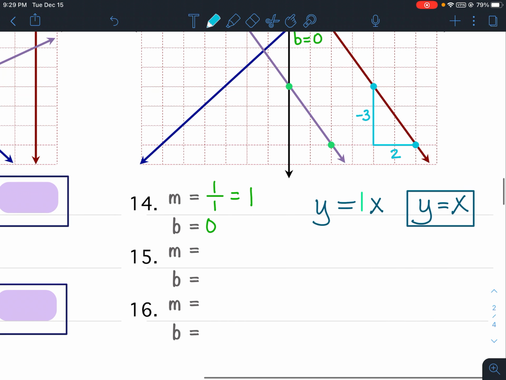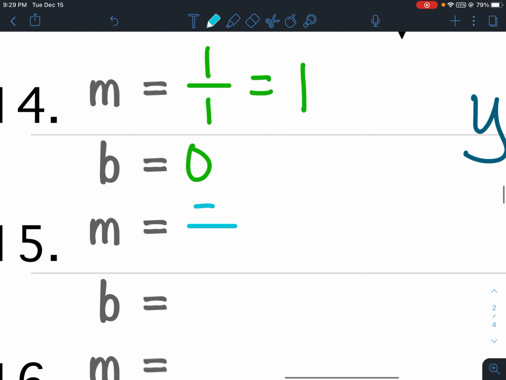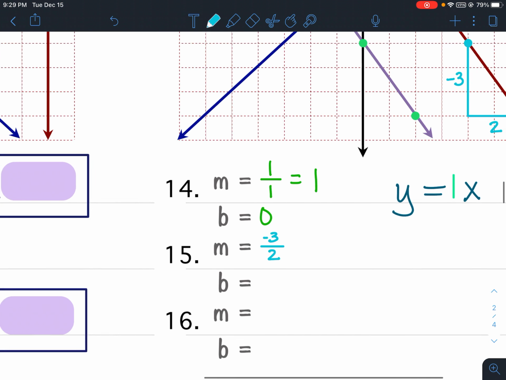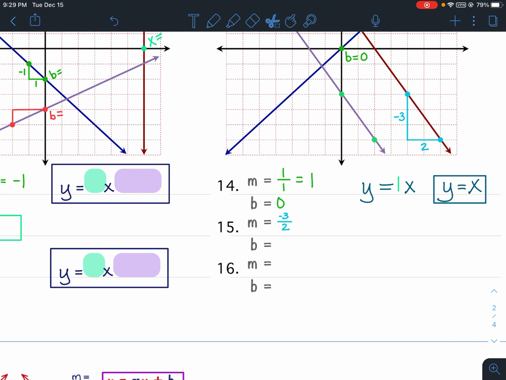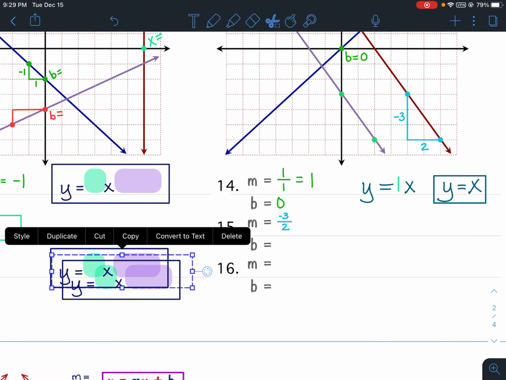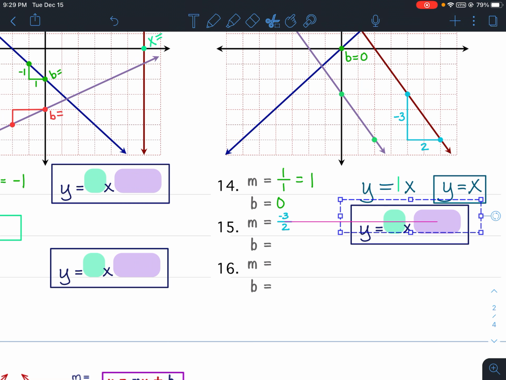So for 15, I've got -3 over 2. And again, you have to come up with the y-intercept on your own, and your equation will be of the form y equals mx plus b. Okay.